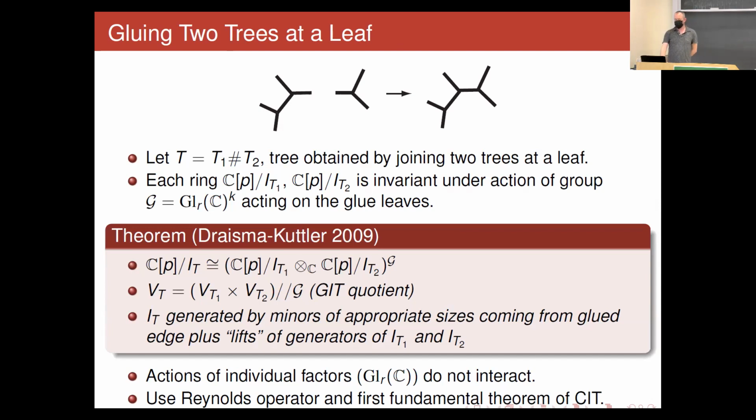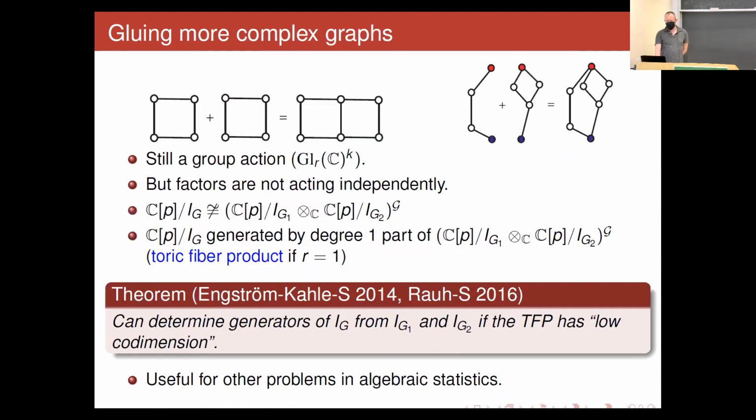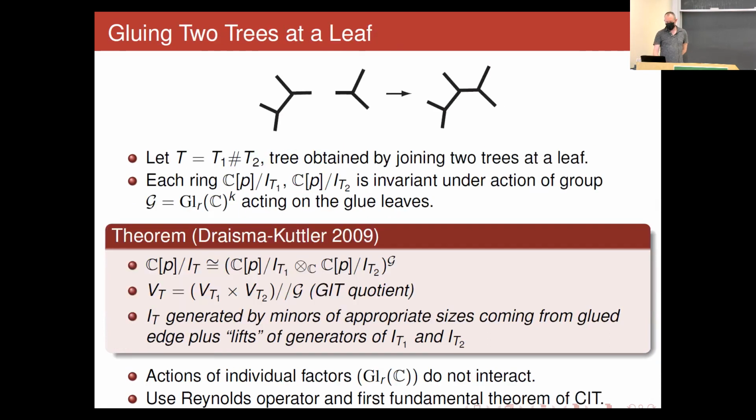The basic idea is there's a structural result that says if you want to understand what the vanishing ideal is for this tree, which is obtained by gluing the two trees together at a leaf and then suppressing that internal vertex that you glued at, there's a big group action that comes into play.